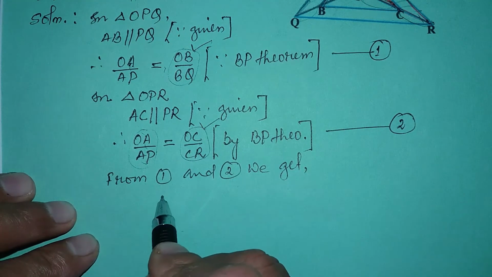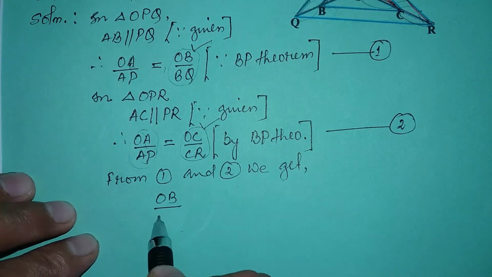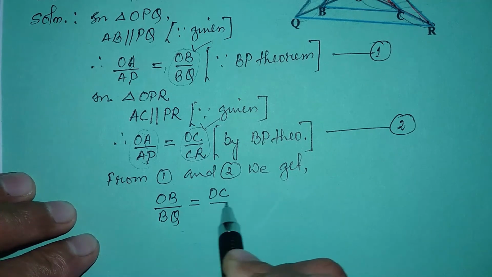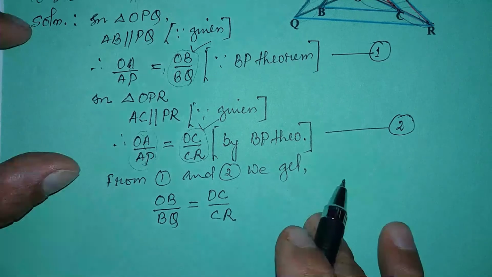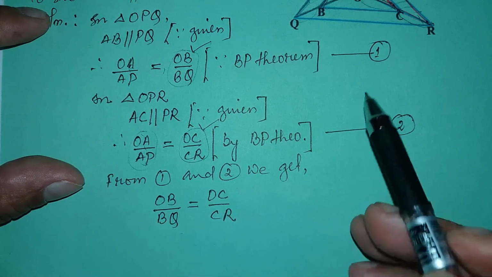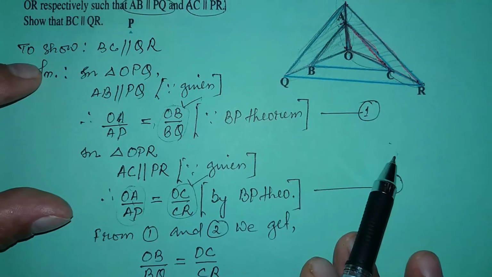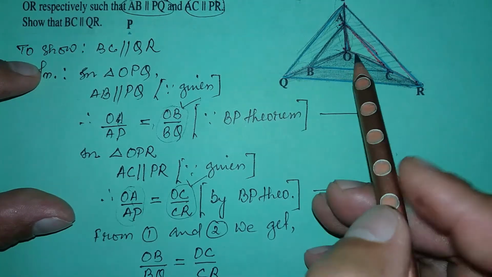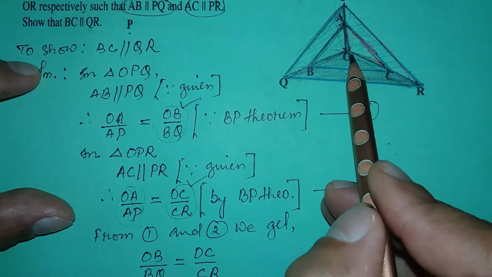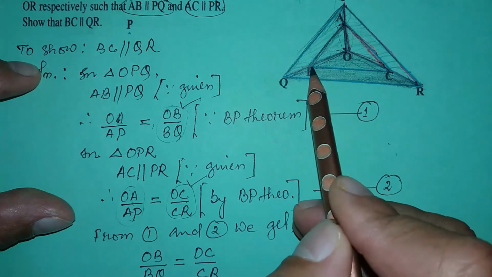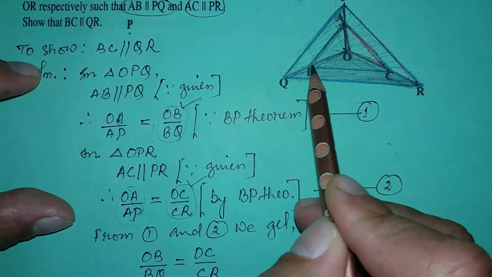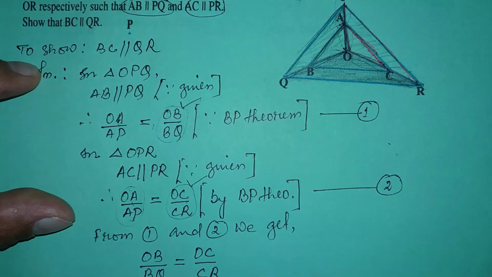So OB by BQ is equal to OC by CR. So this implies that these two lines are parallel. This is by the converse of the basic proportionality theorem.